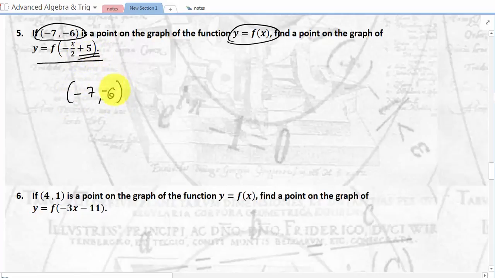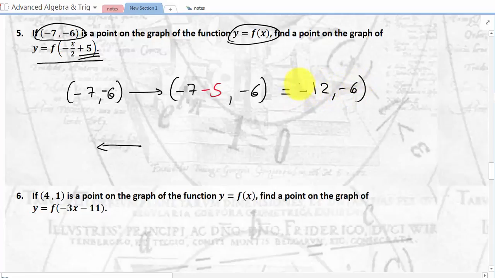First, you translate it. Plus 5 means 5 units to the left. So you have to subtract 5 from the x, right? So this would go to -7 and then -5, and you don't change the y, of course. So the point that you're getting right here is -12, -6, 5 units to the left. Next, what do you do right here? Well, right here, it's x divided by 2, so you have to multiply the x by 2, right? Just the x, not the y.